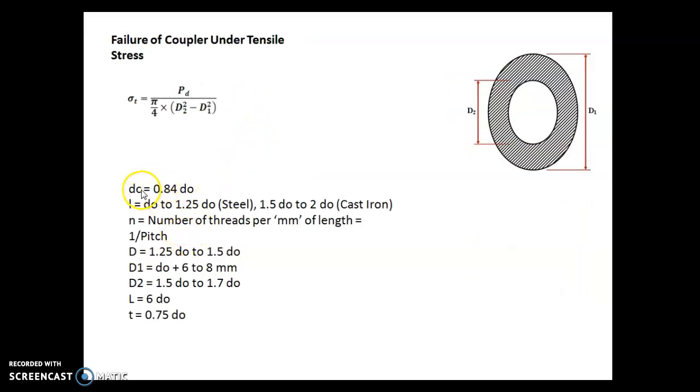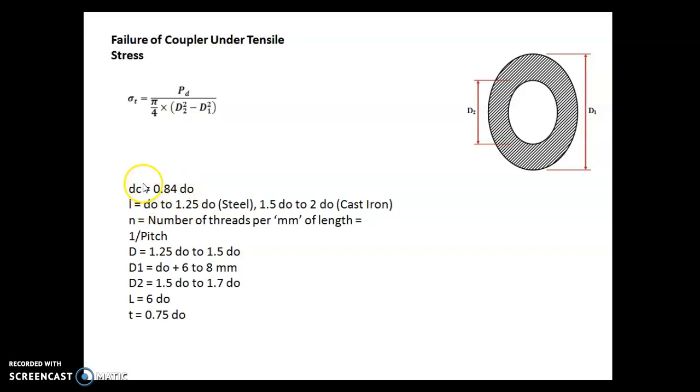See here, once DC value is known, calculation of DO is also easy, because these are the empirical formulas for turnbuckle. Once DC value is known, DO value can be calculated from this empirical formula, that is DC will be equal to 0.84 DO, means DO is equal to DC upon 0.84.